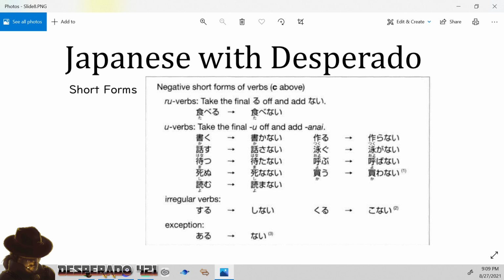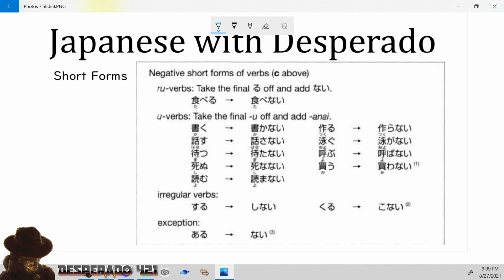So ru verbs always seem to be the same. For ru verbs, you drop the ru and add nai. So instead of tabemasen, you have tabenai. So for ru verbs, you just drop masen and add nai.